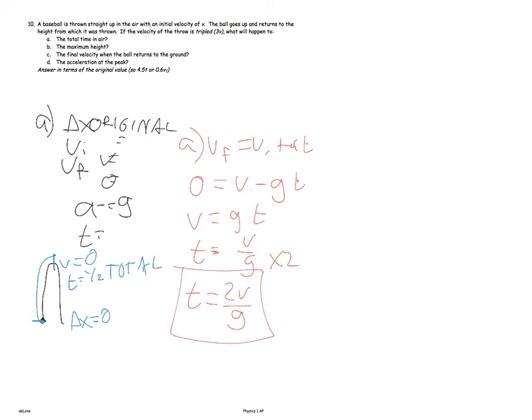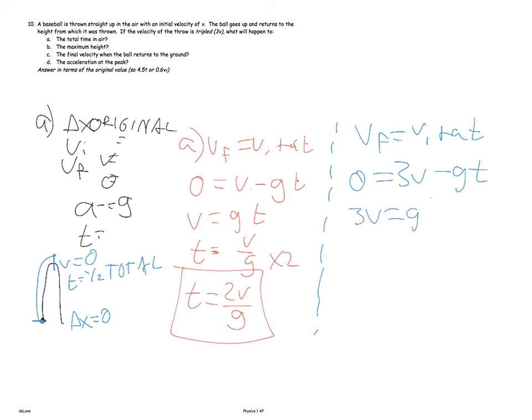Okay, now if I go and triple this, I'm going to get that Vf equals Vi plus At once again. So 0 equals 3V minus GT, which means that 3V equals GT, and my time here is 3V over G. That's the time to the peak though, so times 2 once again.